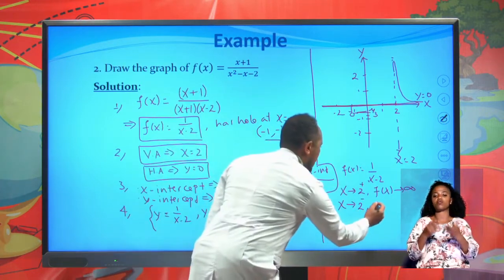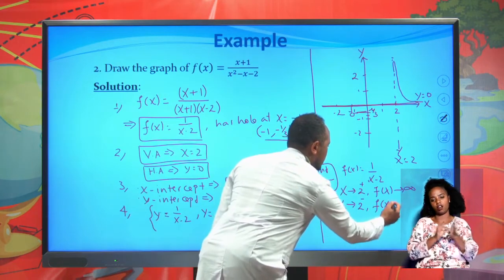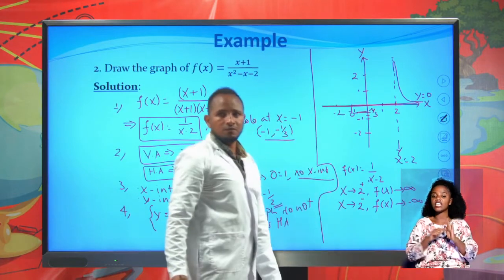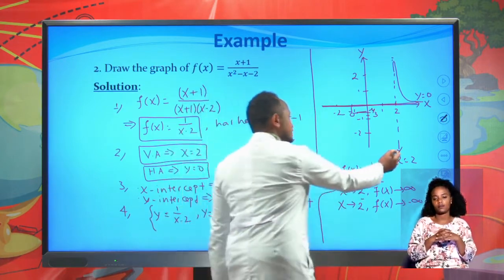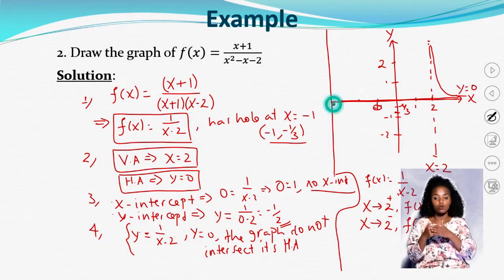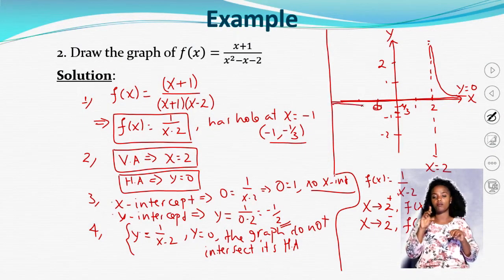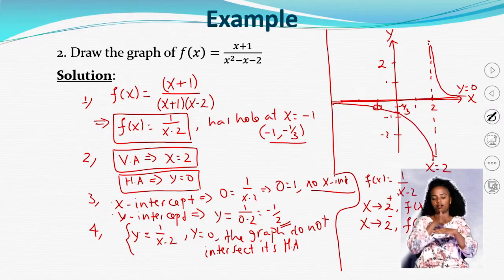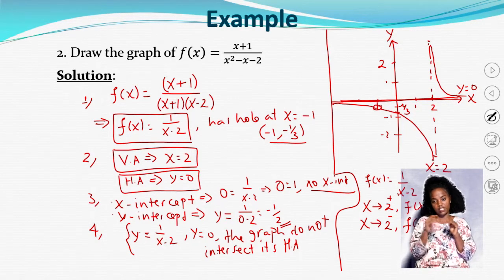Therefore, our function f of x goes to negative infinity. So from the left side of 2, it approaches its horizontal asymptote and does not cross. It moves like this. This will be the graph of f of x equals 1 over x minus 2. So this is it.